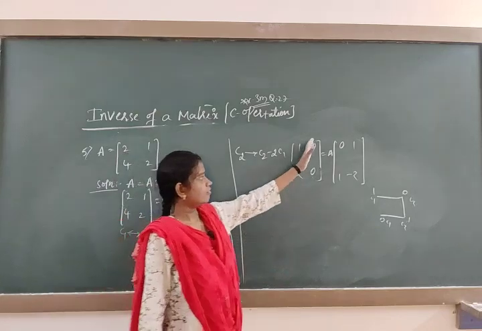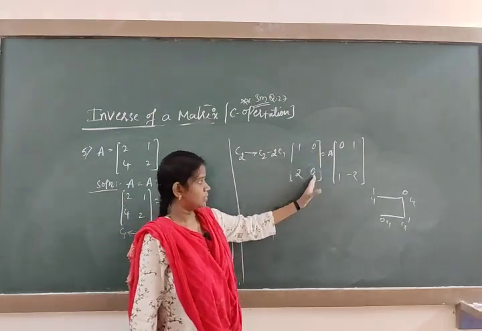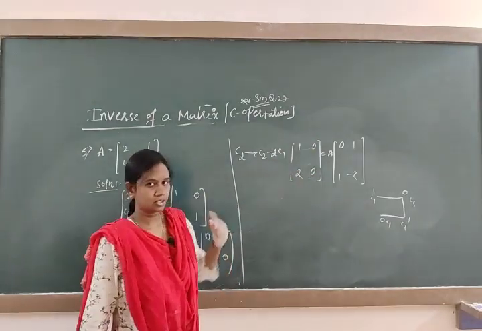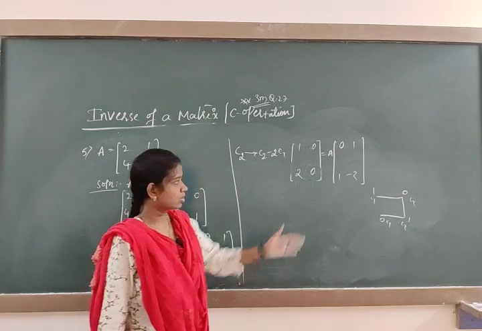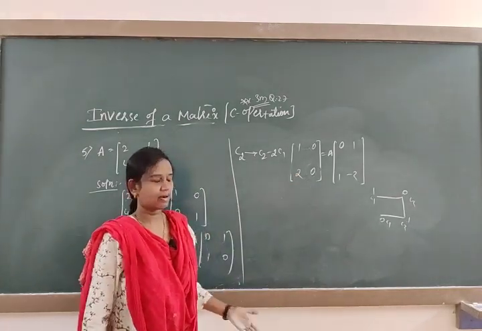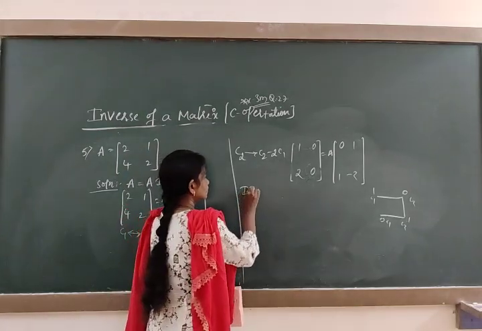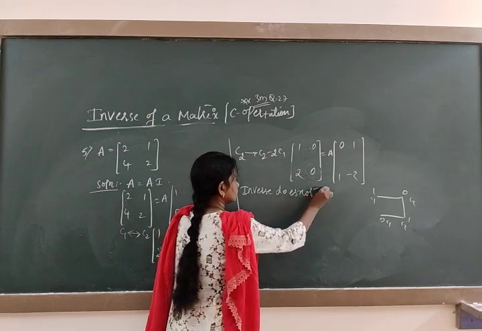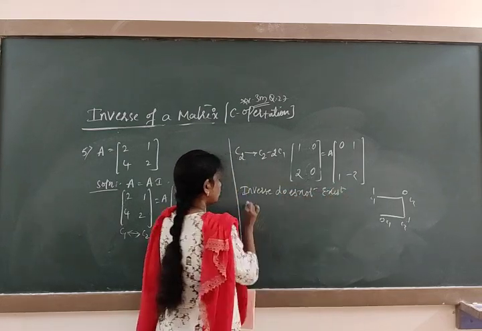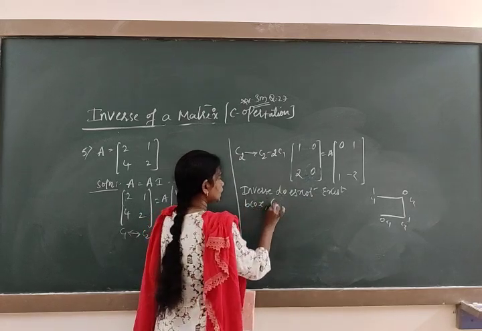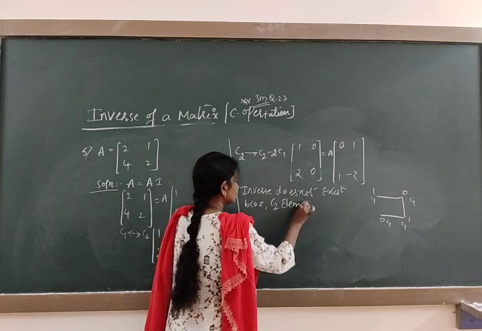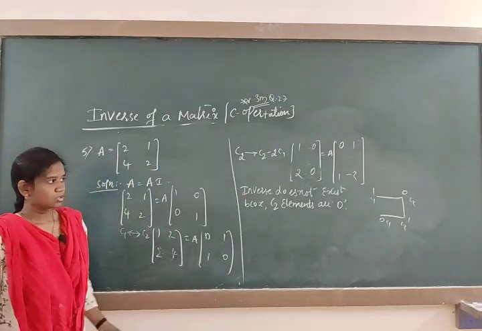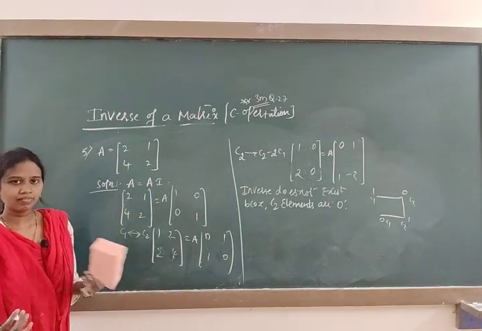It means that if any one column, C2 or C1, or R1 or R2, is completely 0, the inverse will not exist, because 0 by 0 is not defined here. Inverse does not exist because the C2 elements are 0. So by looking at the question itself, we can tell whether the inverse exists or not.